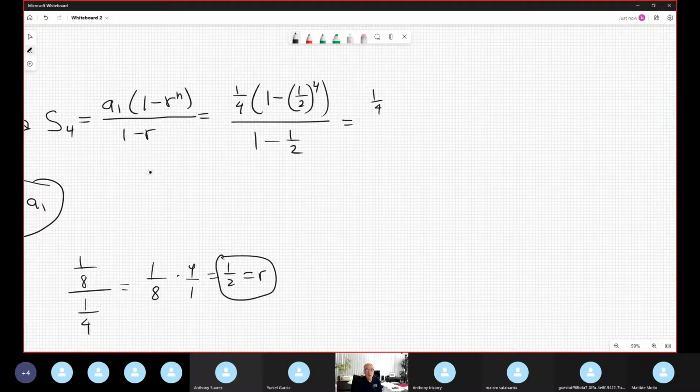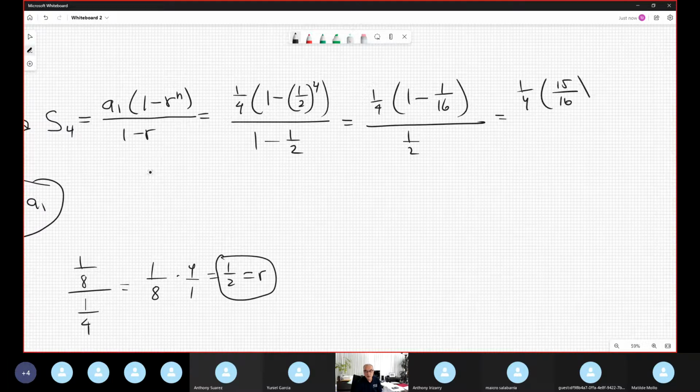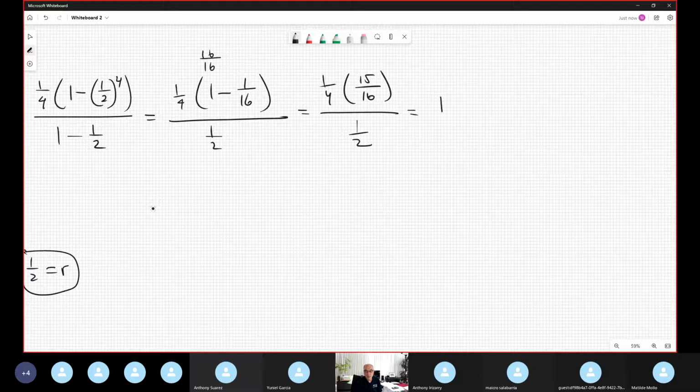So 1/4, 1 minus 1/16, and 1 minus 1/2 is 1/2. So we have here, this is 15, no? 1/4 times 15/16, no? Because in my imagination this is 16/16, and 16 minus 1 is 15, divided by 1/2. Okay, super. And now multiplication is 1/4 times 15/16 times reciprocal, this is 2/1.